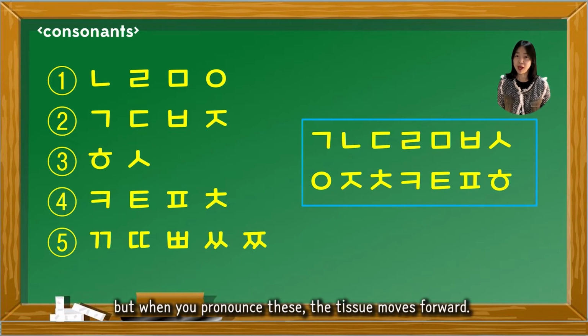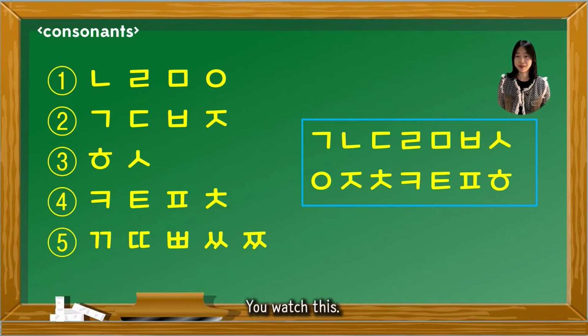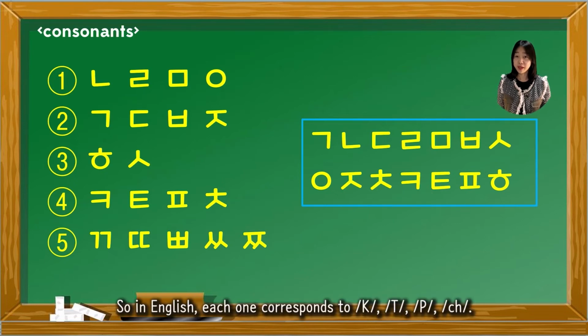But when you pronounce these, the tissue moves forward. You watch this. Gu, du, bu, ju. And k, t, p, ch. You should try it by yourself too. So in English, each one corresponds to K, T, P, C, H.